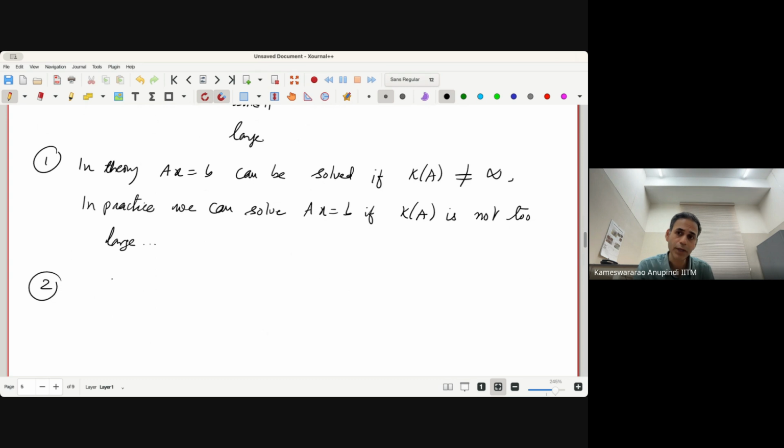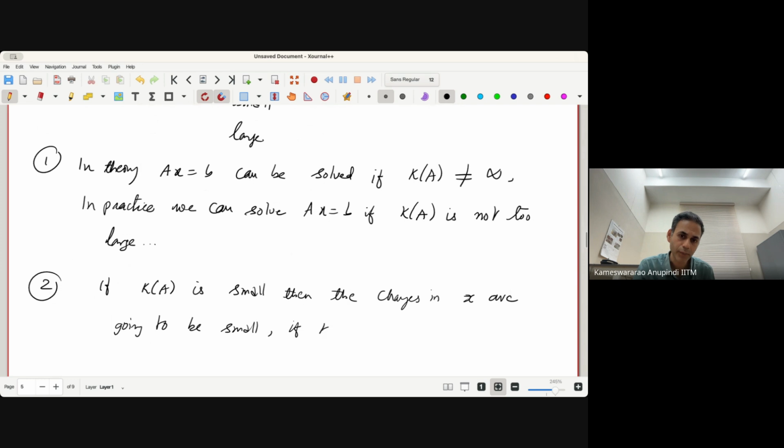Similarly, we can answer the second question. Second question was how sensitive the right hand side is going to be. Similarly, if Ka is small, then the changes in X are going to be small.